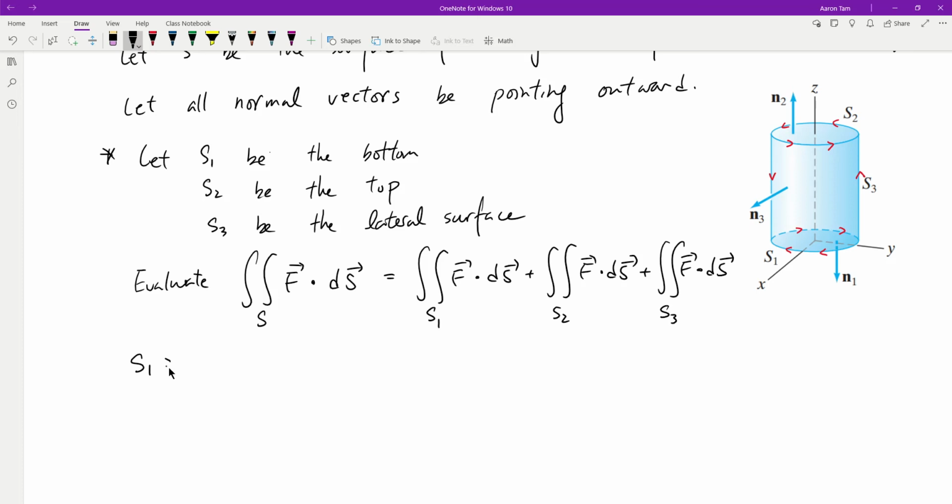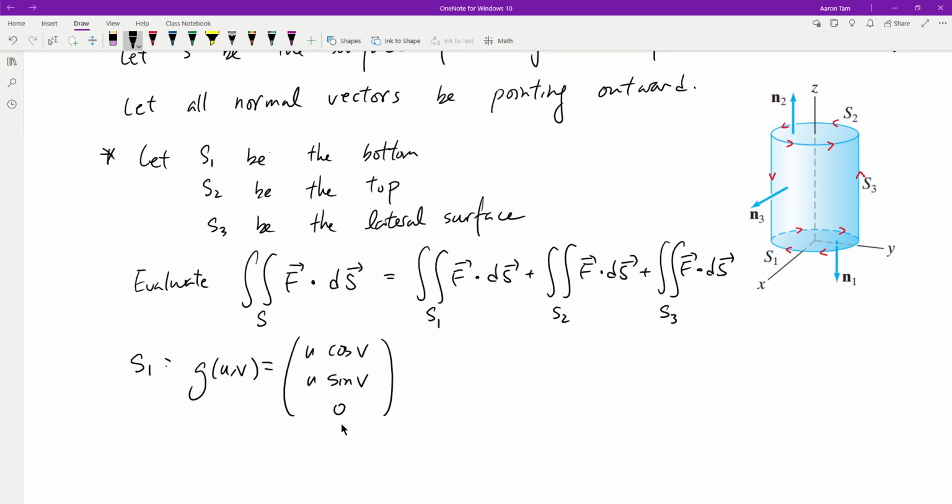So for S1, I'm going to have to first define a parametric representation. If I'm looking at this correctly, it seems to me it is just a circle and its interior while staying on the XY plane. So the parameterization in this case would probably just be this. It will allow me to set z equal to 0.